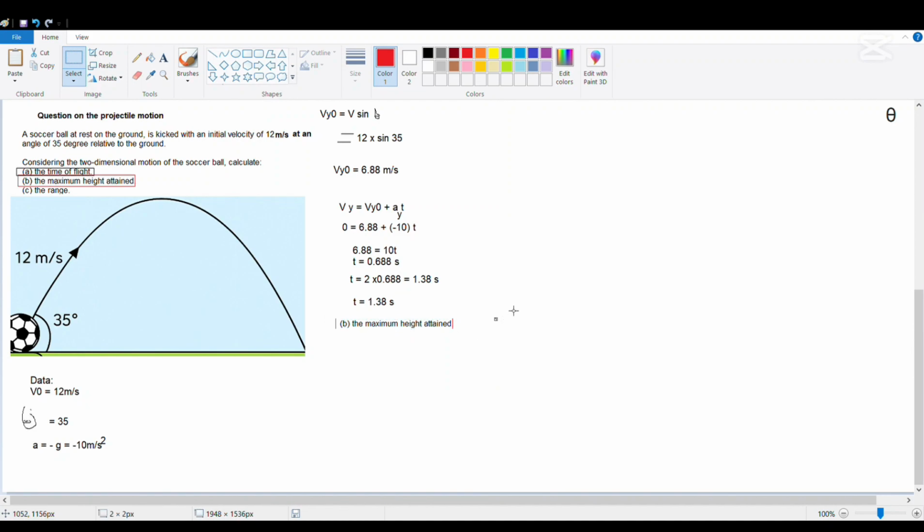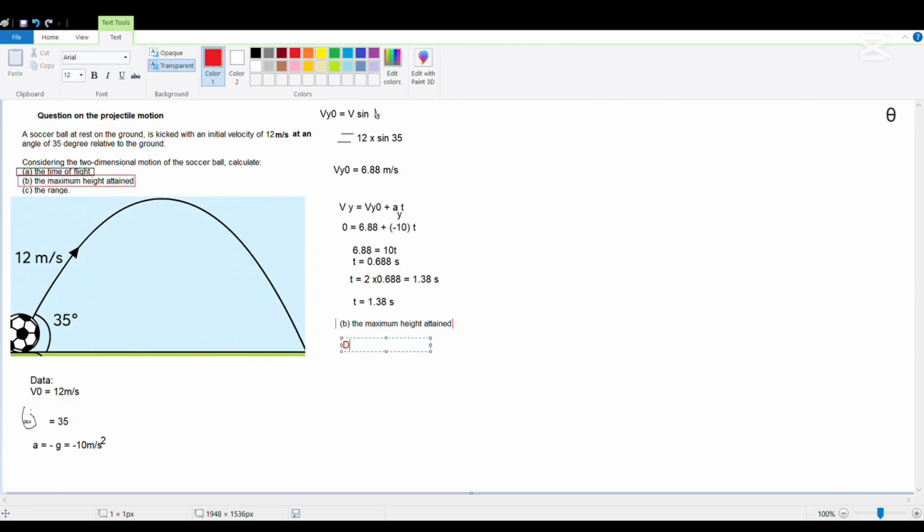Now when we do maximum height, then again we need to think about the data here. If I'm making data in this case, let me change this back to black. So the data we have: vy naught, which we already calculated, is, I think, 6.88 meters per second here.